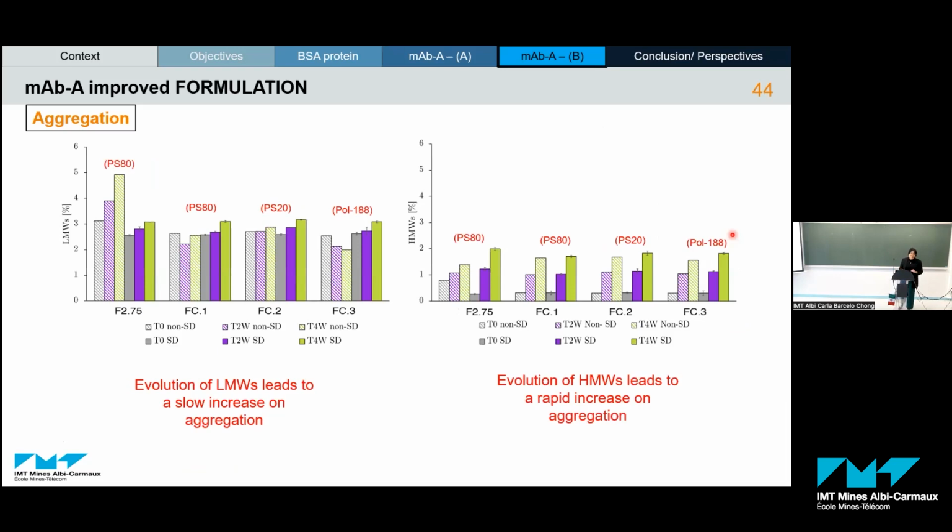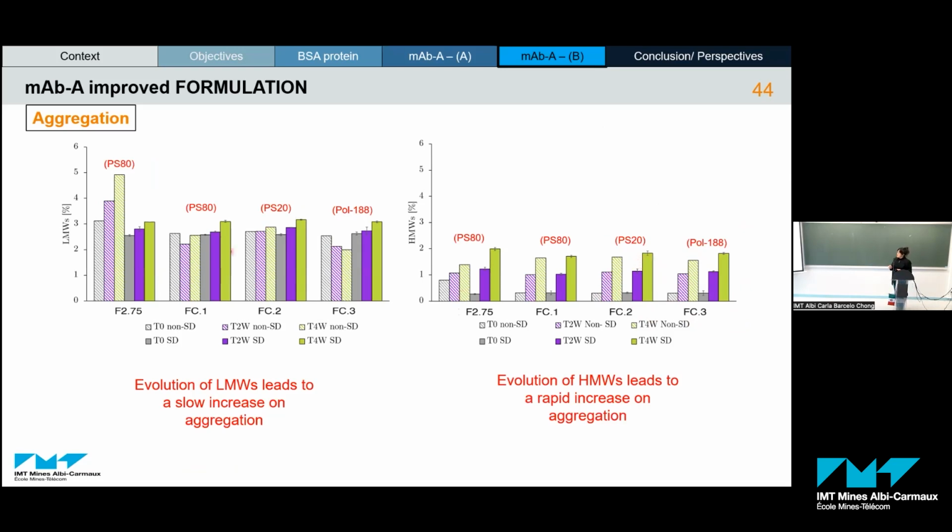Now, in terms of low molecular and high molecular weight species, what we can observe is that the presence of high molecular weight species will lead to a high increase during the stability test in the presence of aggregates. Therefore, if we have a small concentration, we can end with a high concentration at the end of the protein aggregates.